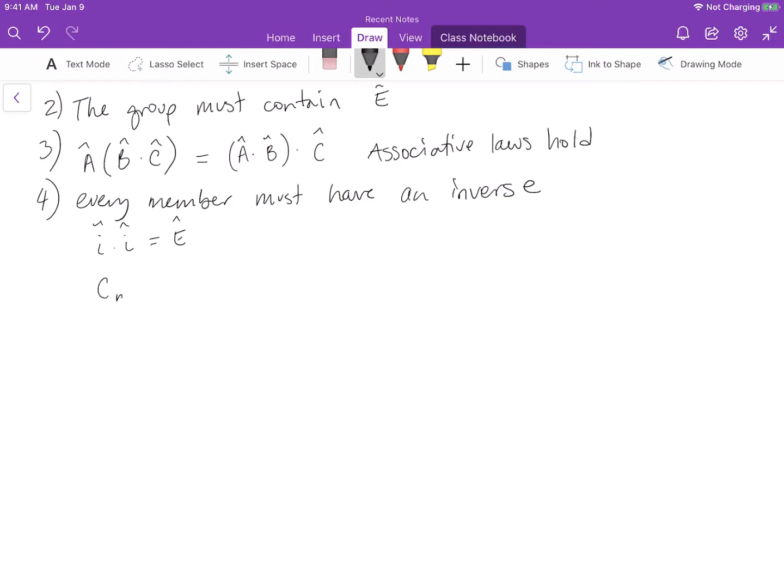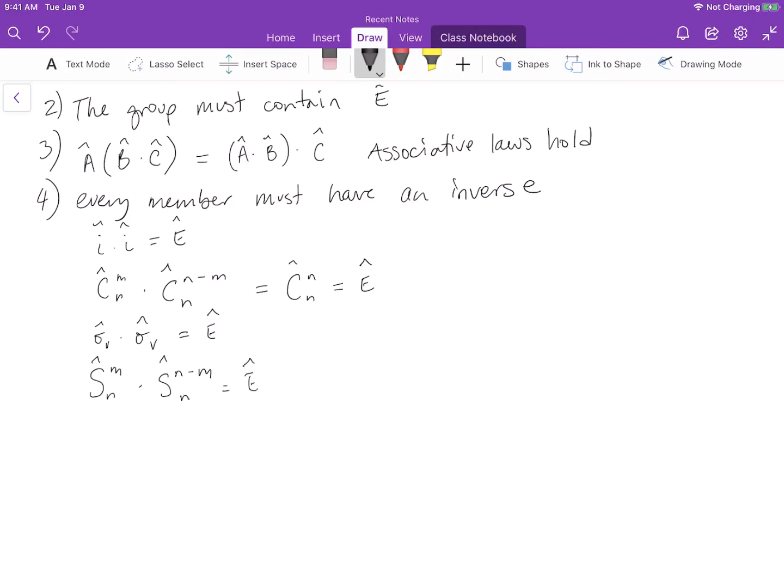For a C rotation, C n to the m, it would be C to the n minus m. For sigma v, again, it's just itself. For S, remember it depends on if n is even or odd.